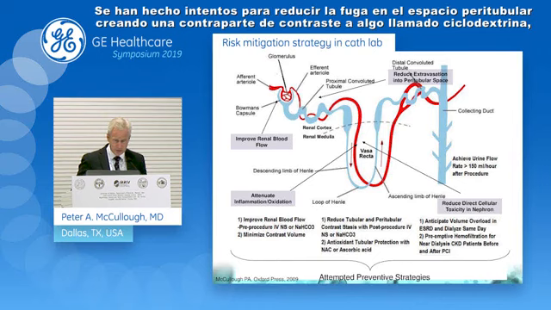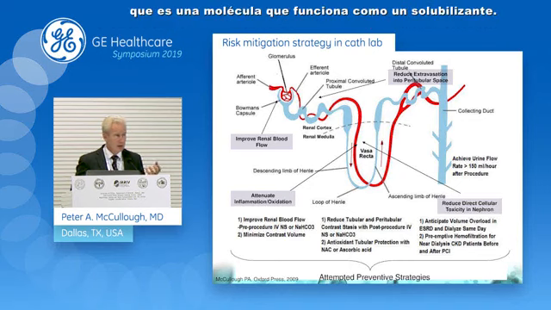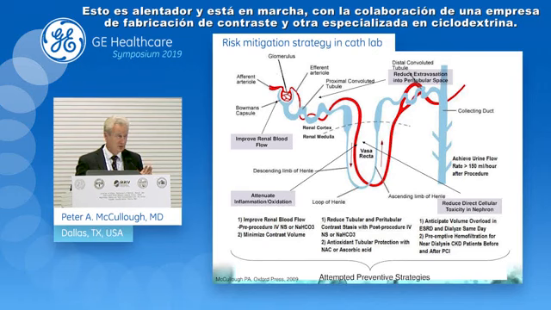There has been attempts to reduce extravasation into the peritubular space by creating a congener of contrast with something called cyclodextran, which is a molecule that works as a solubilizer. That actually is encouraging.